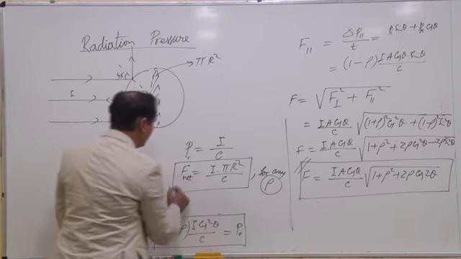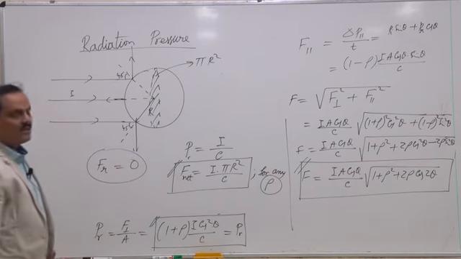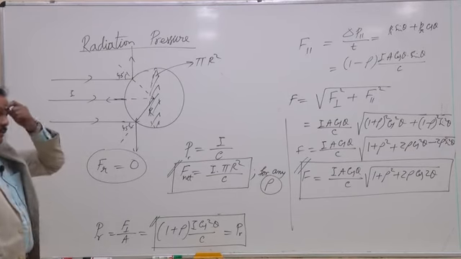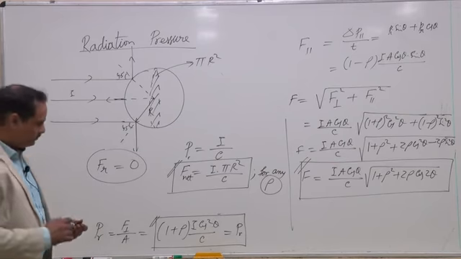So for spherical surface, the net force is I into pi r square by C for any value of coefficient of reflection. This is the case when surface is spherical.